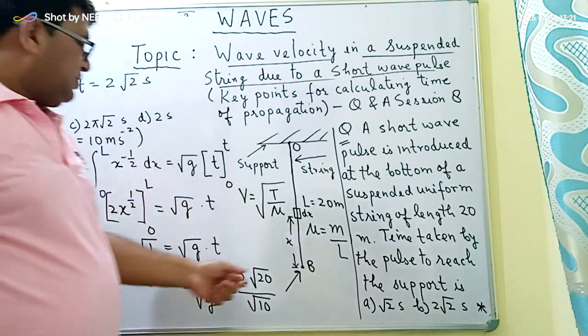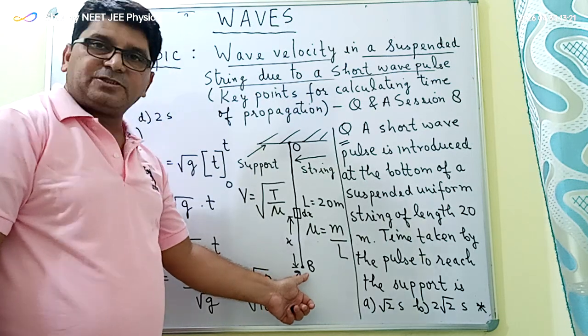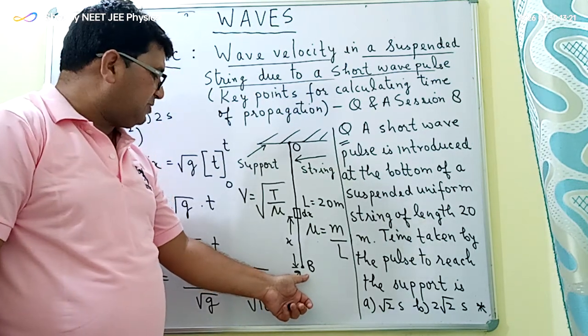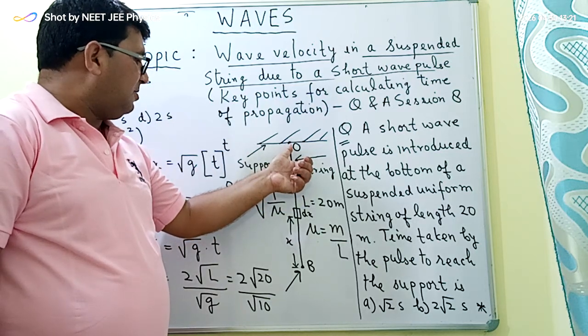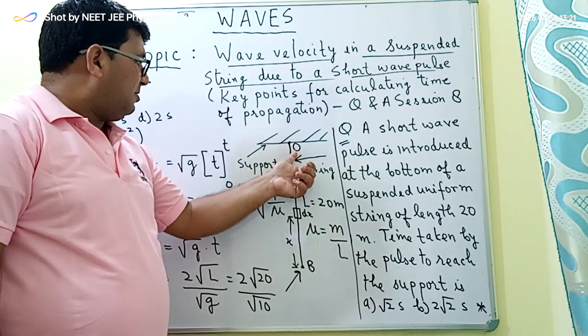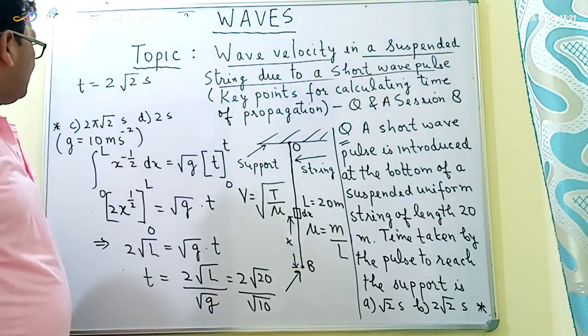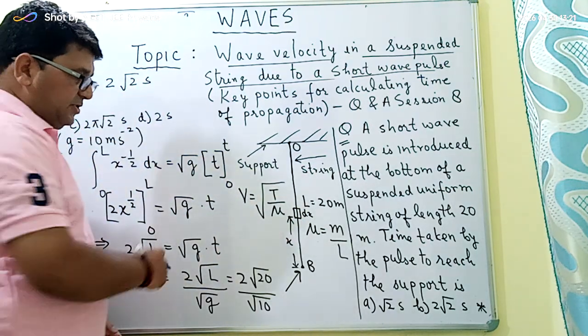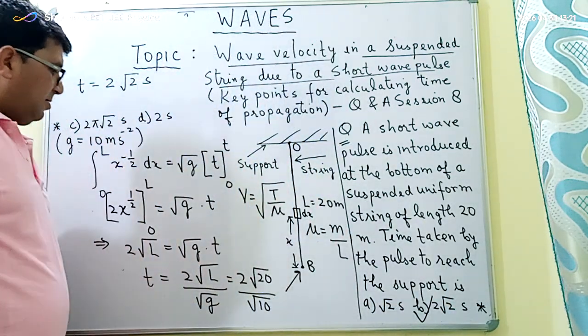So the short wave pulse which is produced at this point B, the bottom of the string, will reach this support, that is the point O, in 2 root 2 seconds. So out of these 4 options, the second option, that is B, is correct.